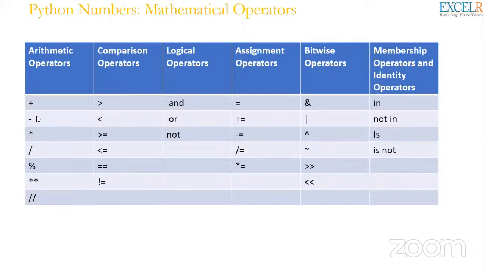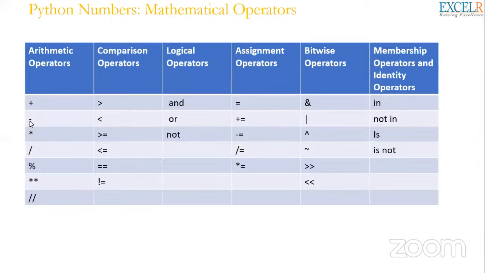So how do you find out what the arithmetic operators are? Plus, minus, multiplication, division. This is modular division. This is power or square, basically square. And this is float division. Plus, minus, star, and division you know.